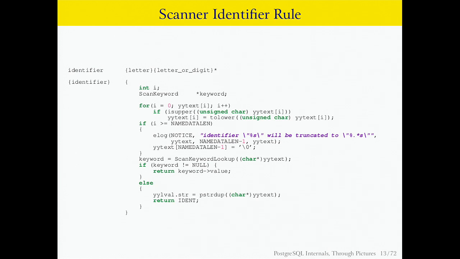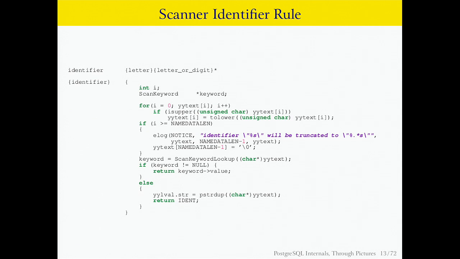Okay? This is the scanner for an identifier. So this would be a table name, a column name, something like that. It's effectively saying an identifier is a letter followed by an optional letter or digit. And of course, underscore is included in that specification. What this code actually does is, when you have an identifier coming in, it does a lookup, a binary search basically, into a list of keywords.